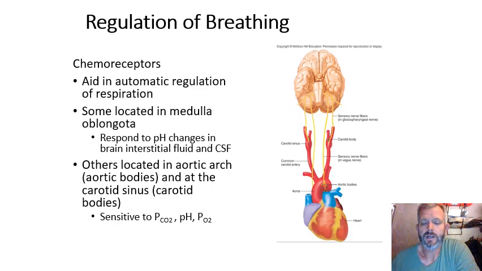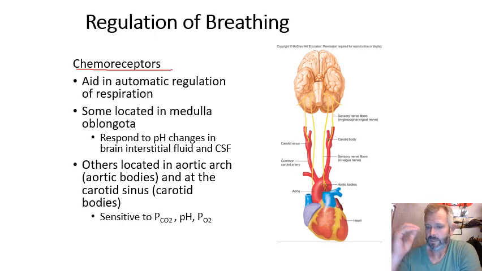Also, another area of regulation is that we can regulate the ventilation. We can regulate our breathing rate, and we can regulate how deeply we breathe. And what are we looking for? We have chemoreceptors. This is going to be a reflex. We want to keep our CO2 and O2 contents within a homeostatic range, and so we have to have sensors for this. Our sensors are chemoreceptors.